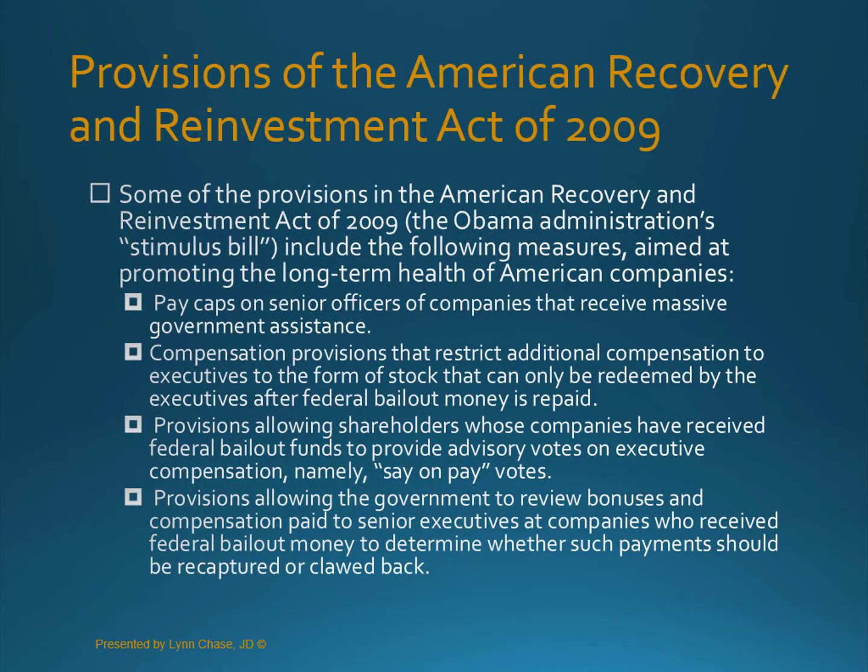As a result of the banking collapse of 2008, several companies received a bailout from the federal government. These companies were required by the provisions of the American Recovery and Reinvestment Act of 2009 to limit some of the excessive compensation paid. Please review some of the limitations imposed upon directors and officers by this act.